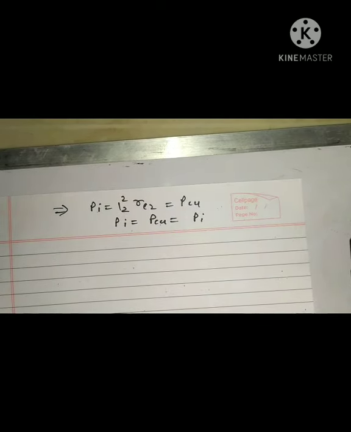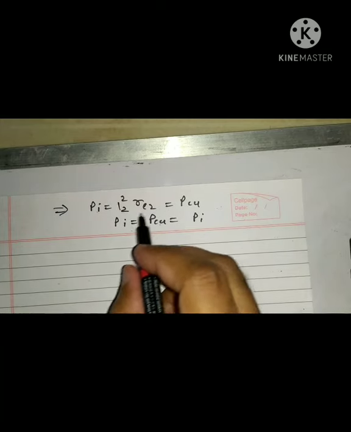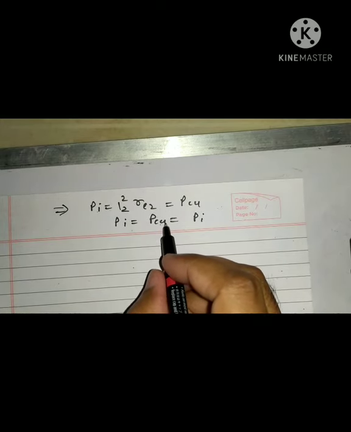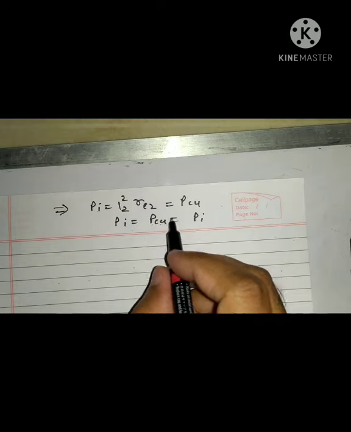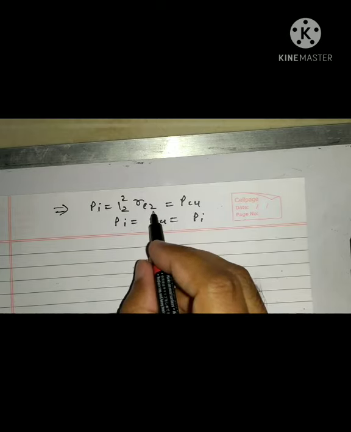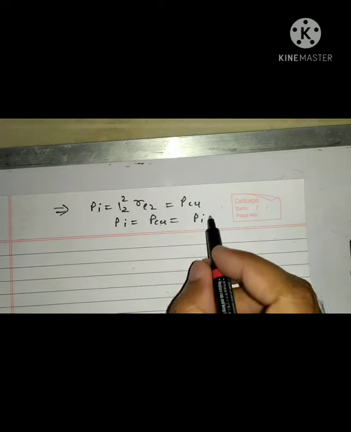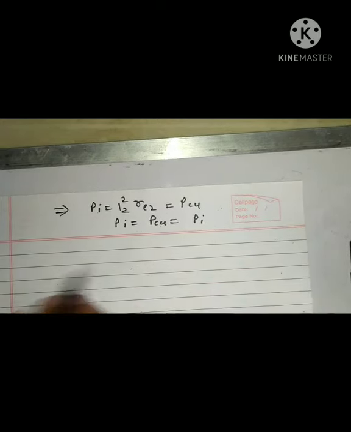So condition for maximum efficiency is this one, and copper loss cannot be kept as a numerical value because iron loss is fixed loss. So copper loss must be adjusted equal to iron loss, then only you will have maximum efficiency.